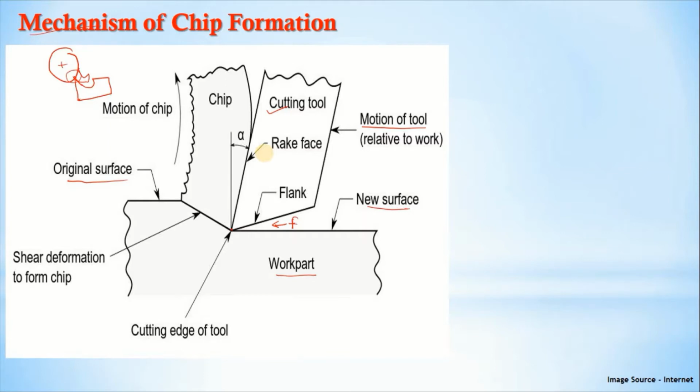So how are the chips formed? When we apply force by using the tip of the tool on the layer of workpiece material, the material starts deforming plastically.